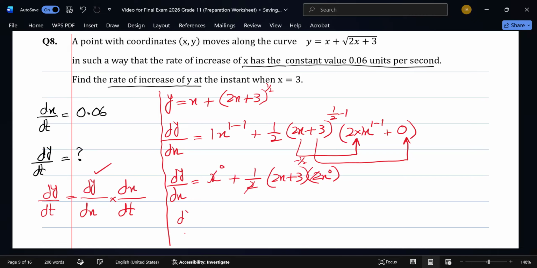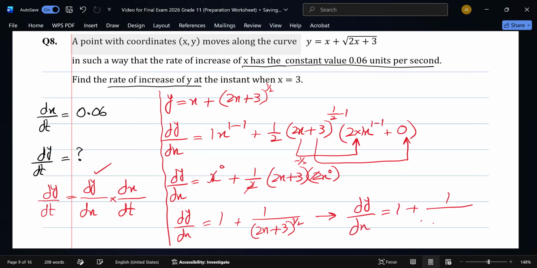So dy upon dx is equal to 1 plus 1 over (2x plus 3) power half. Or you can write it as dy upon dx equals 1 plus 1 over square root of (2x plus 3).